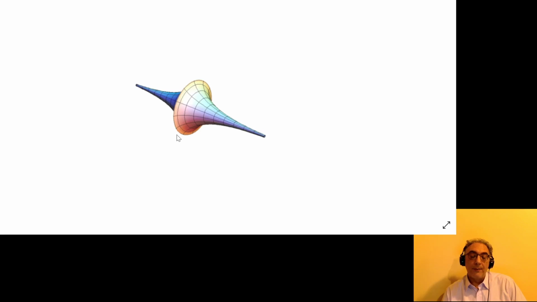In this way, now, we can think of the pseudosphere, this hyperbolic surface, as being a sphere which has imaginary radius.